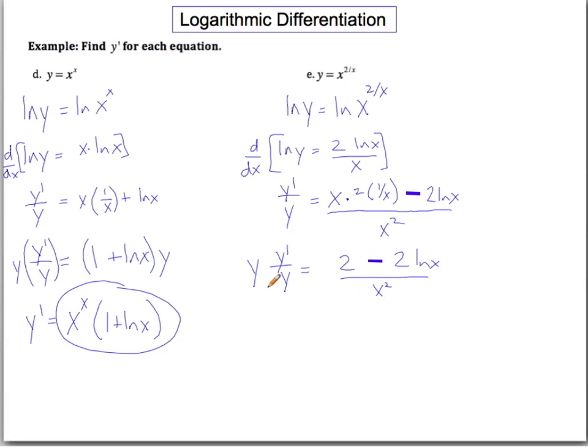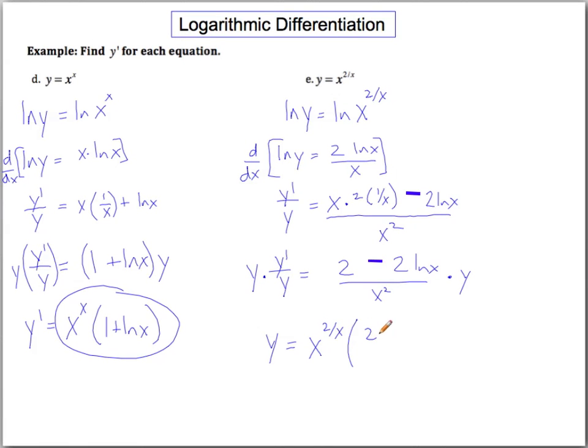Next step is to multiply both sides by y and substitute in for y. So y prime equals, let's see, y is x to the 2 over x. And this is going to be times 2 minus 2 natural log of x over x squared. Okay, and then to finish simplifying this, we're going to factor out a 2.